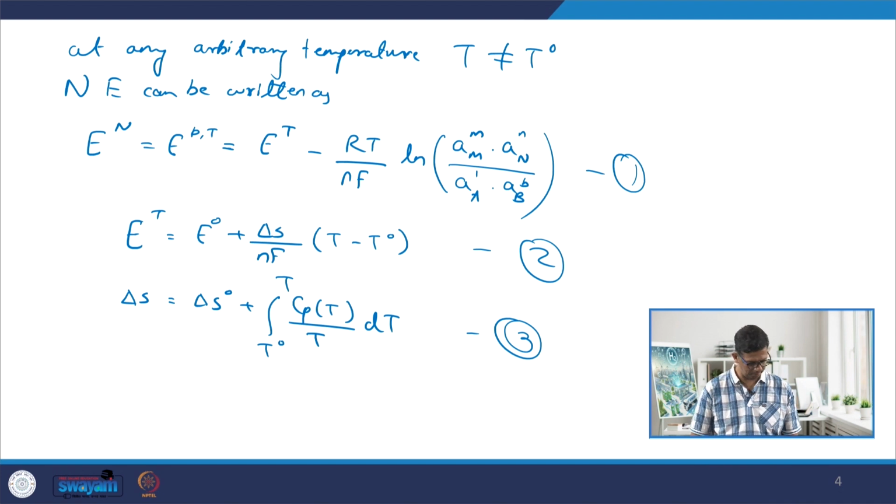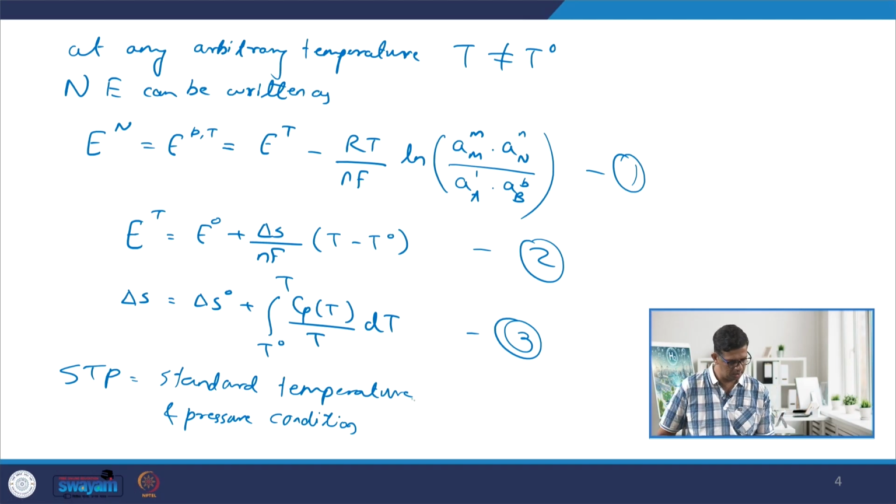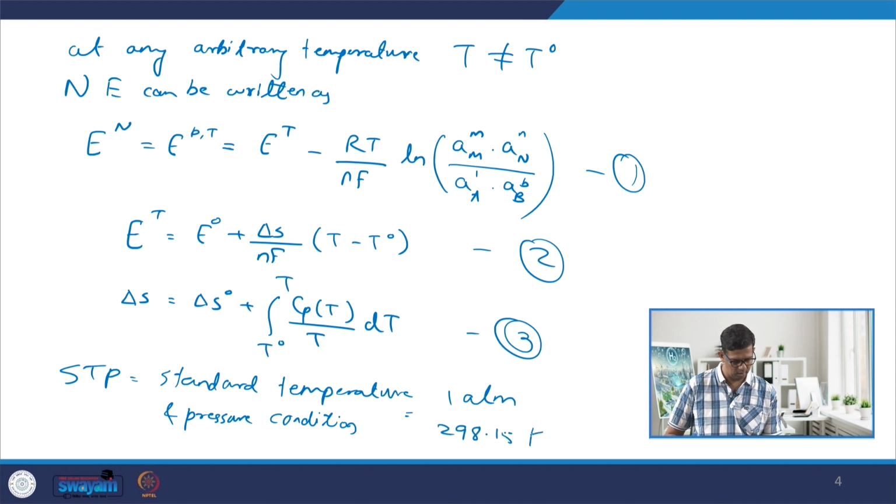So, let me write this up here. STP, standard temperature and pressure condition, is nothing but 1 atmospheric pressure for pressure, and the temperature is 298.15 Kelvin.